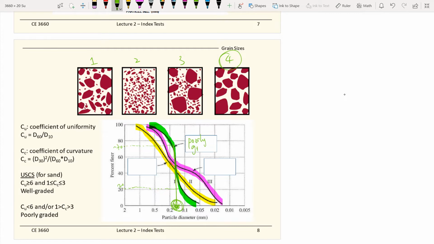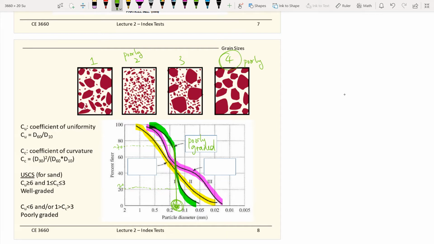So this is a poorly graded soil, poorly graded soil distributions. Maybe this one is also poorly graded.